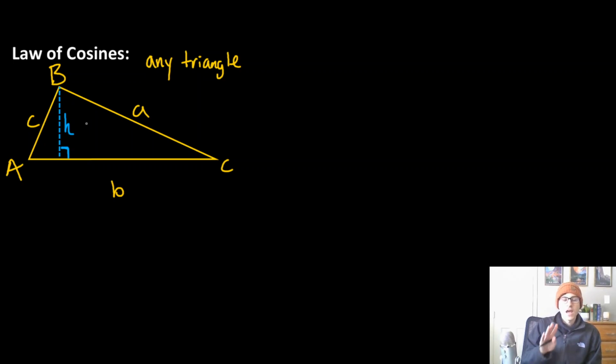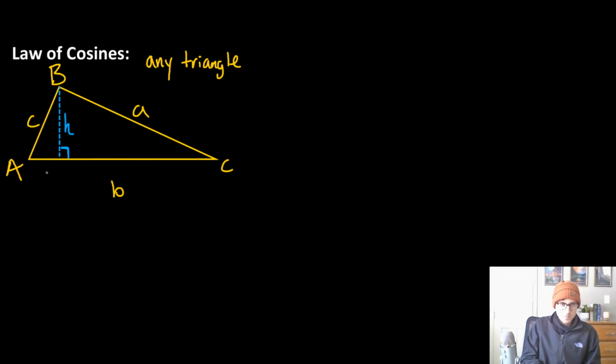At the end of the day, I want an equation that only uses my angles and my side lengths. I don't want an equation that uses the height, and as you'll see in a second, I don't want an equation that uses really anything else. Just A, B, and C, either lowercase or capital. That's what I'm aiming for.